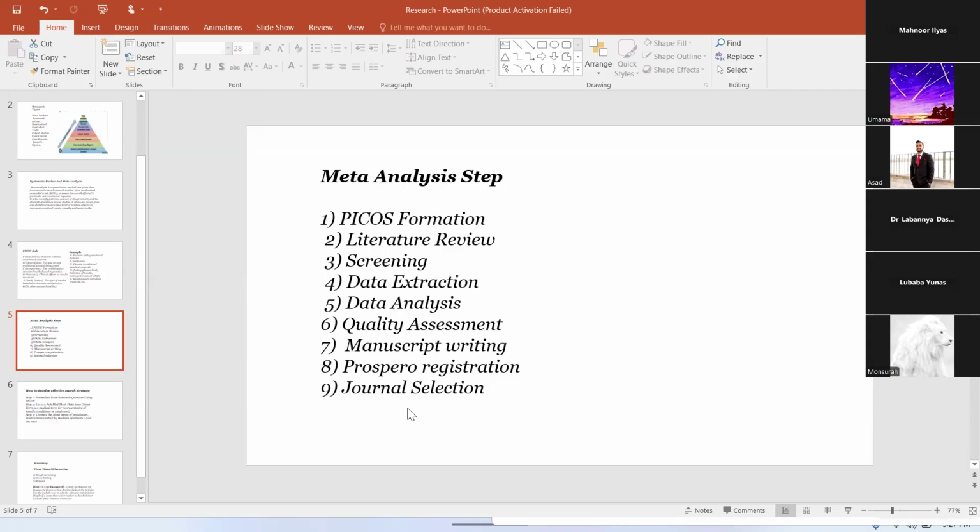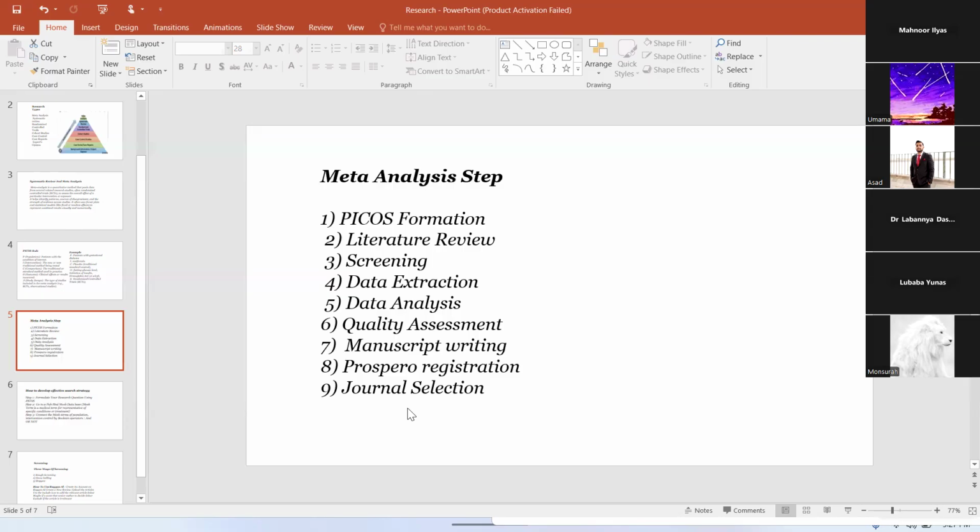I'll show this practically, but first listen to me. You can select a topic by searching for recent studies, not necessarily recent, I mean the studies of 2025. These studies may be of 2022, 2023, 2024; until and unless a meta is done on that topic, that study is recent for you.